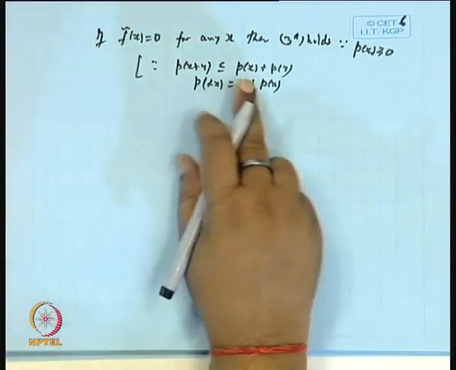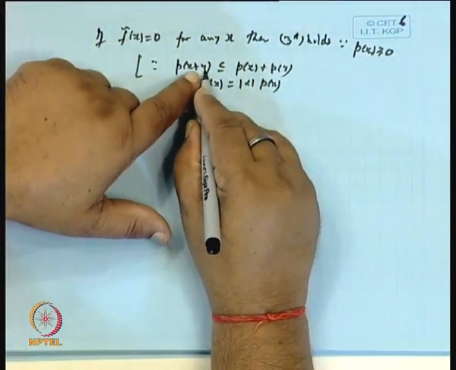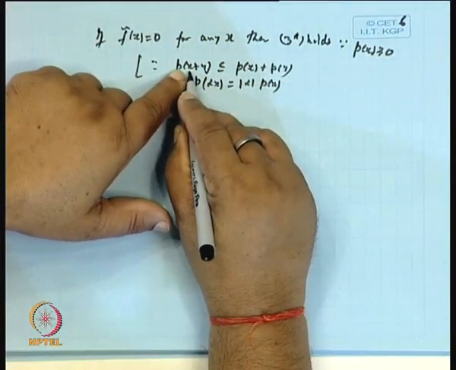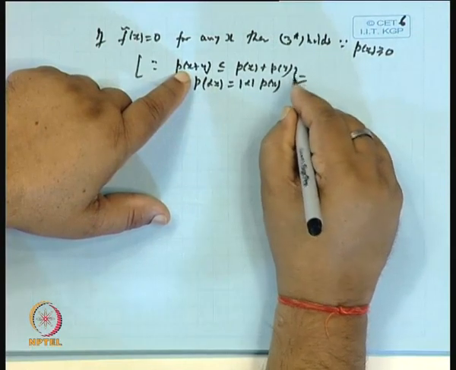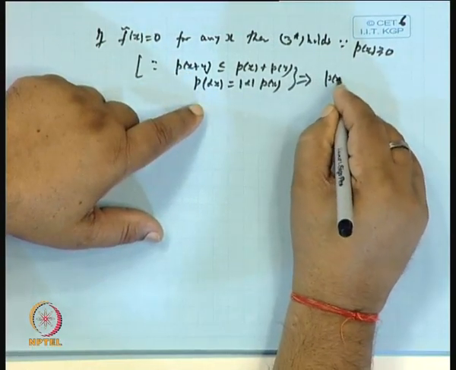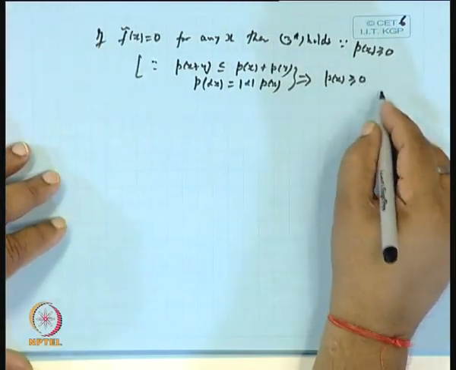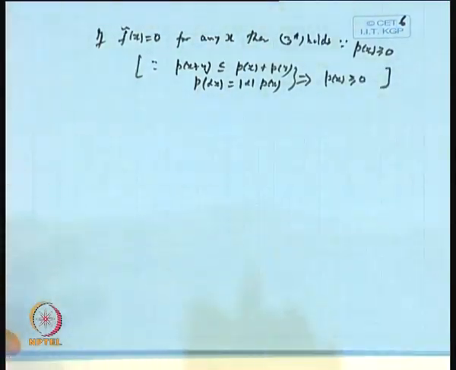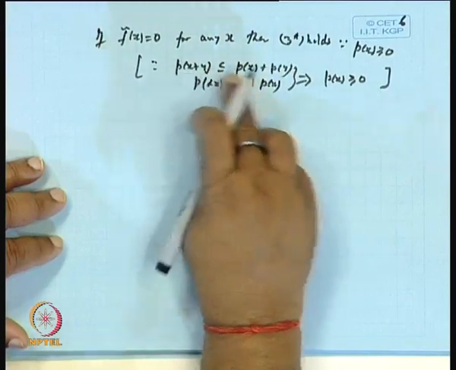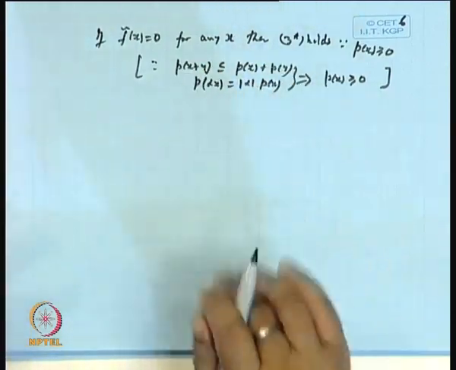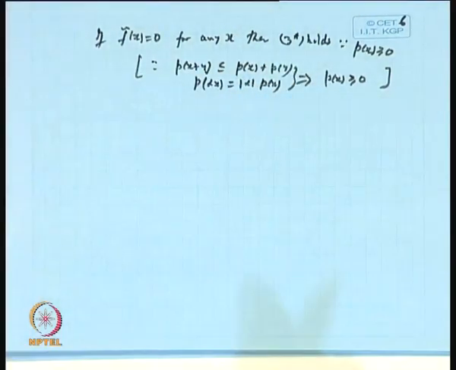Okay. So, if I take y as 0, x as 0, then from these two we get p x will always be greater than or equal to 0.